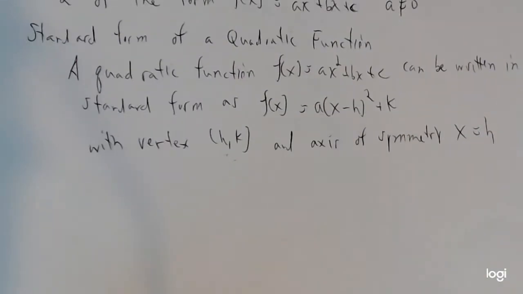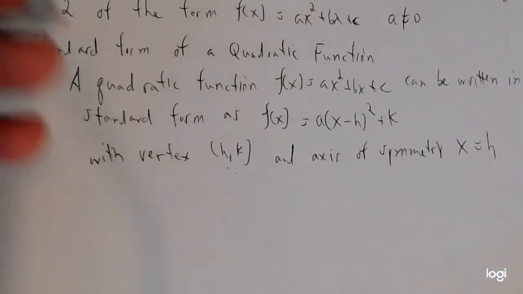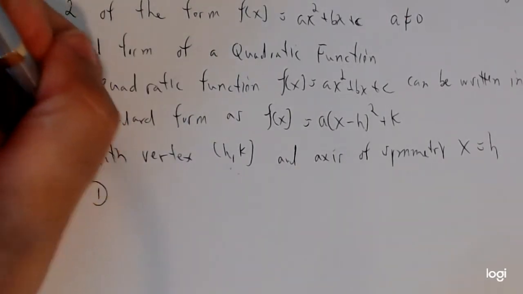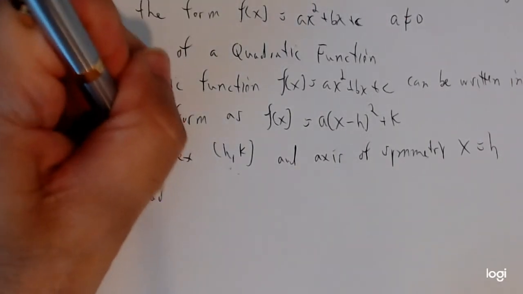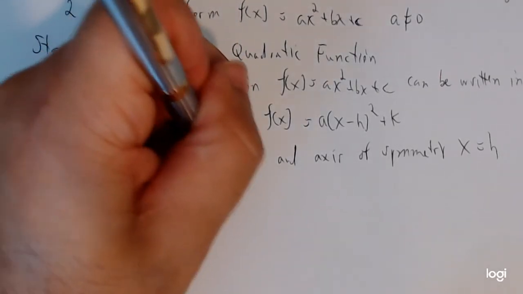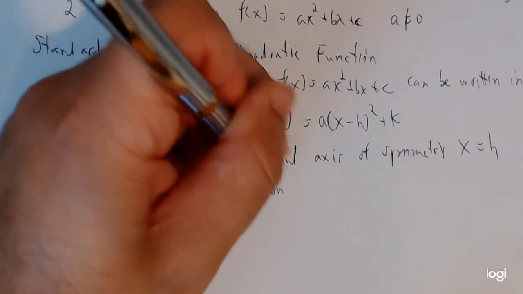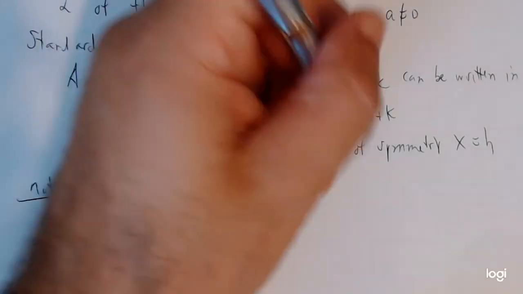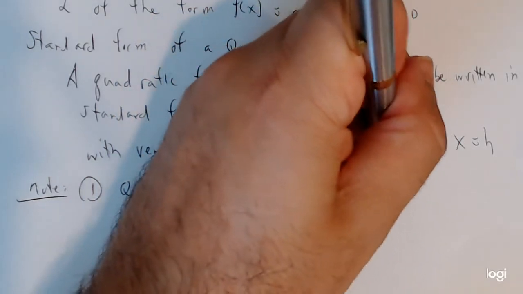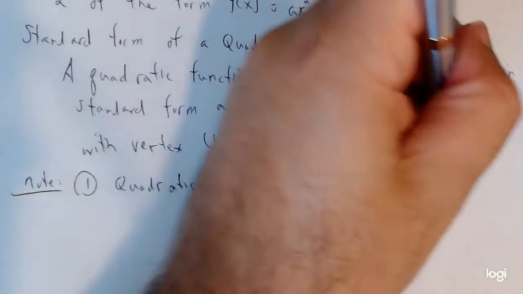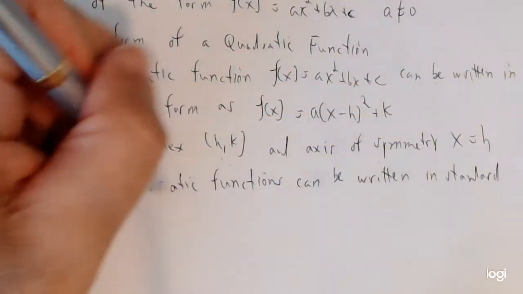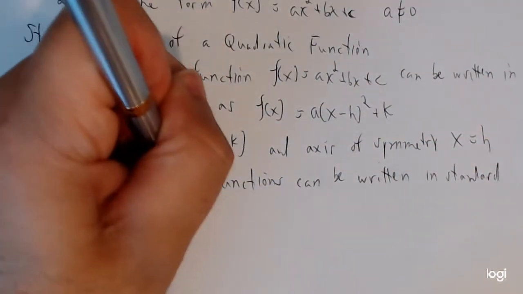A couple of comments I want to make before we do our first example. The first thing I want to say is quadratic functions can be written in standard form by completing the square.